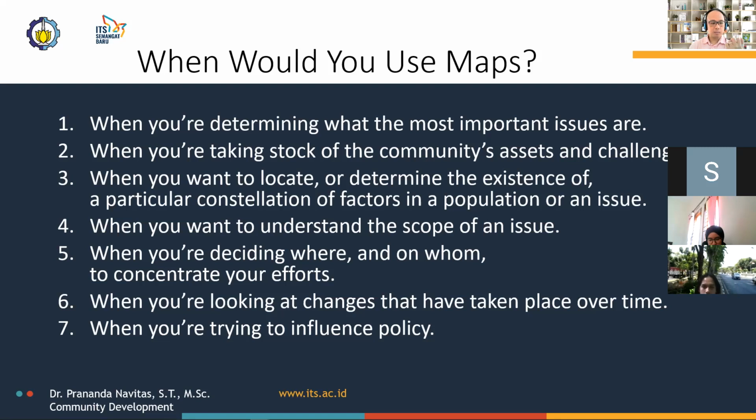And lastly, last point, of course, we're not urban planners. We're not planners if we don't deal with policy. So the last situation where you would preferably use maps to help you present an argument is when you're trying to influence policy.